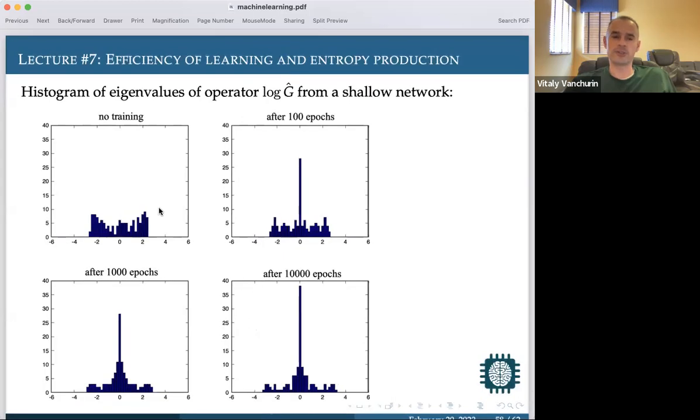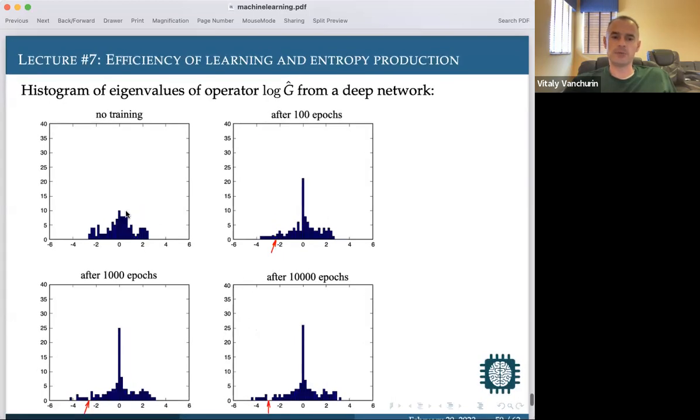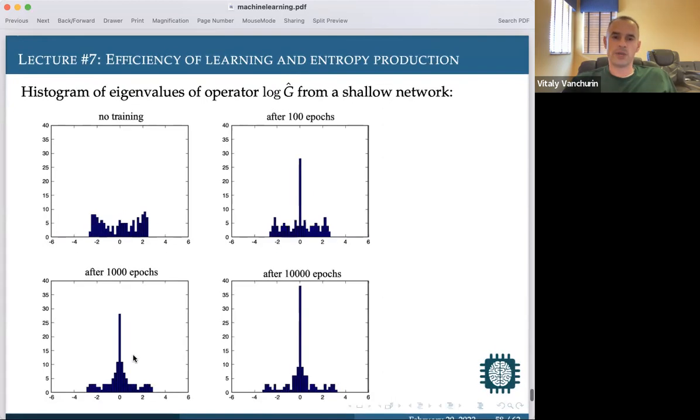However, a huge difference between the shallow and the deep network is that in the deep one, because of the asymmetry of this distribution, because of the skewness of the distribution, it was possible for those eigenvalues to run to the left. For the shallow, they also tried to do that, but because of the symmetry, every eigenvalue on the left was attached to every eigenvalue on the right.